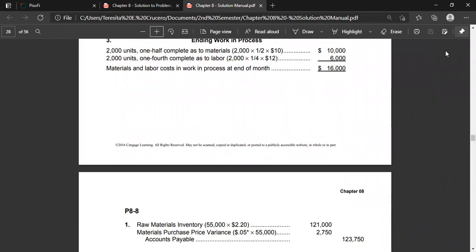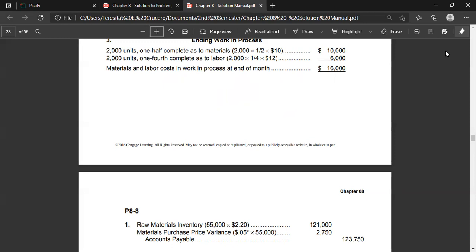Now, finally, the last requirement, determine the cost of materials and labor in the work in process account at the end of the month. So we have now ending work in process, 2,000 units given, one half complete as to materials. So we still need to add the remaining one half times one half times 10.